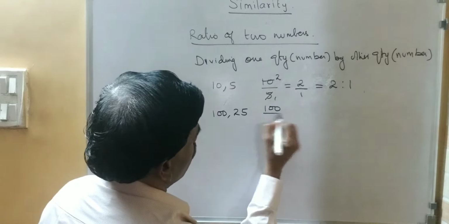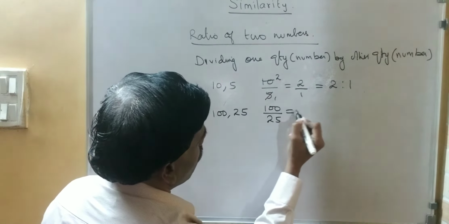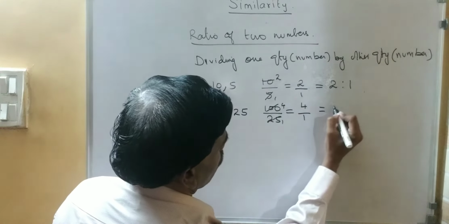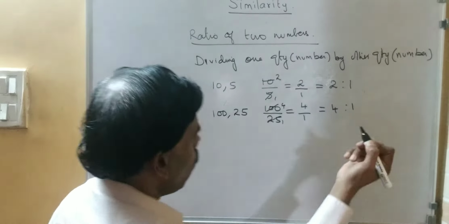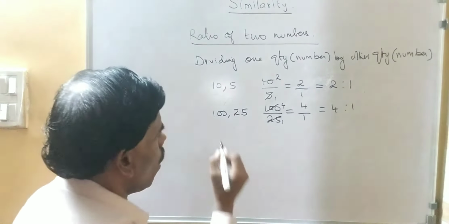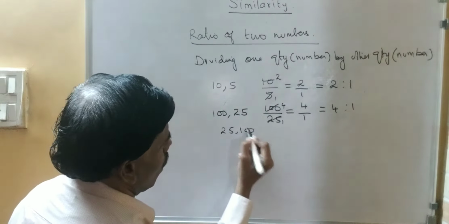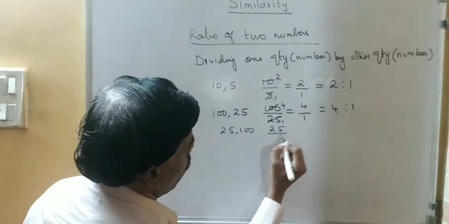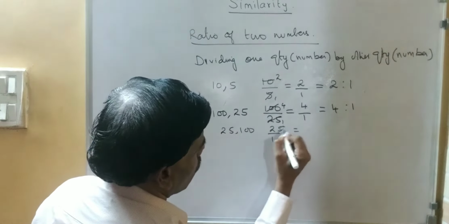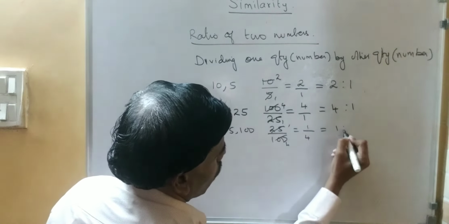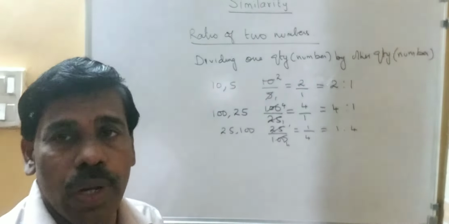What is the ratio? 100 upon 25 equals 4 upon 1 equals 4:1. Now the other way, 25, 100. So 25 upon 100 equals 1 upon 4, so 1:4. This is called a ratio.